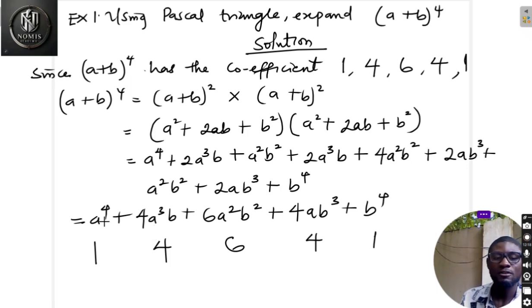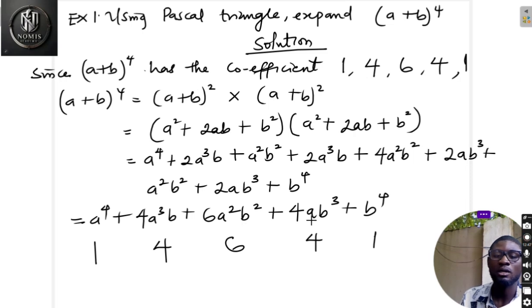So a here has a power of 4. There is a b here raised to the power of 0, but b raised to the power of 0 is 1, so there's no need to write it. This is how he came up with it: without doing all of this calculation, I could just start with a to the power of 4 multiplied by b to the power of 0, plus a cubed multiplied by b to the power of 1, plus a squared multiplied by b squared.